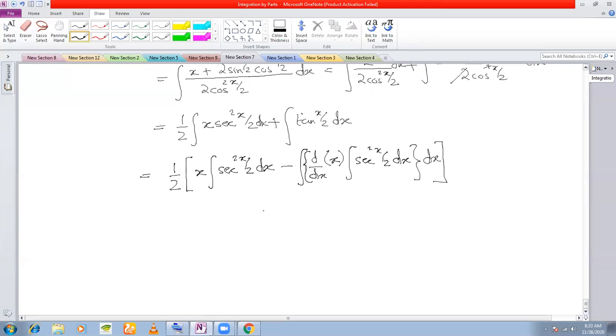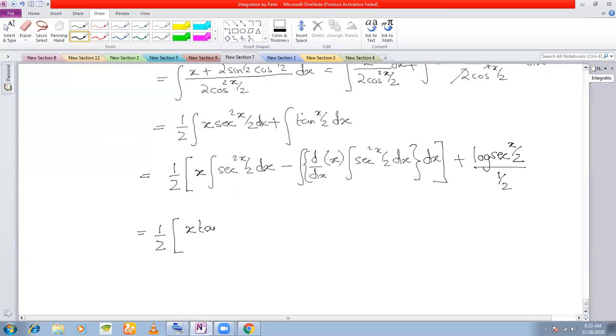So this is your integral of x sec square x by 2. And what is the integral of tan x by 2? You know, integral of tan x by 2 is log sec x by 2. You know this, right? Divided by the derivative of x by 2, which is half. And again here, integral sec square x by 2 is what?